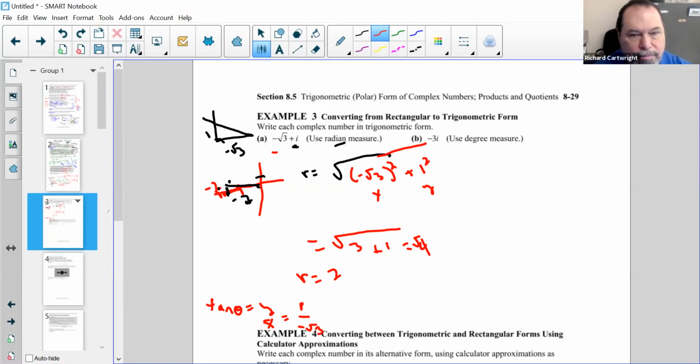The question is, do negatives matter? Yeah, they matter because it tells you what quadrant you're in, right? So I'm going to rationalize that and make it a negative square root of 3 over 3, just to be nice. So that's tangent of theta equals this.